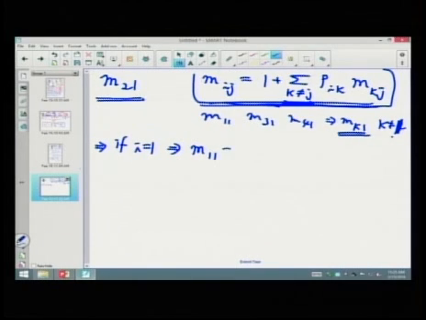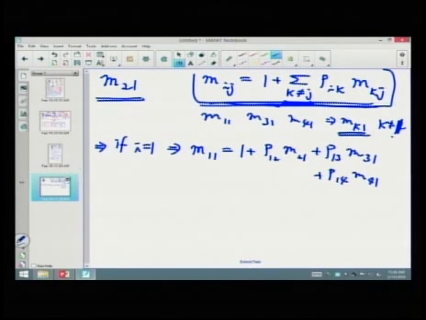And it's going to be 1 plus p sub 1,2, m sub 2,1, and then p sub 1,3, m sub 3,1, and p sub 1,4, m sub 4,1. Is that right?